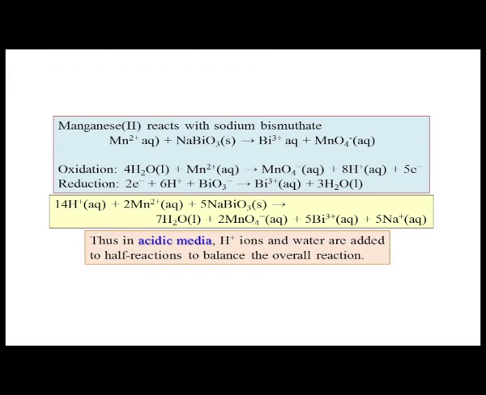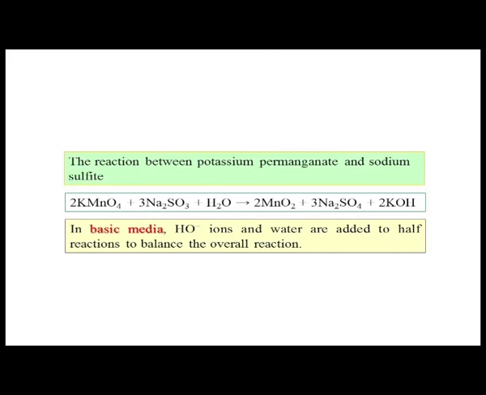So, this is purely in an acidic medium, but what about the reaction we discussed earlier for the sulfide? This is a reaction we can utilize in basic medium. Potassium permanganate goes directly to Mn2+ due to the acidic medium.